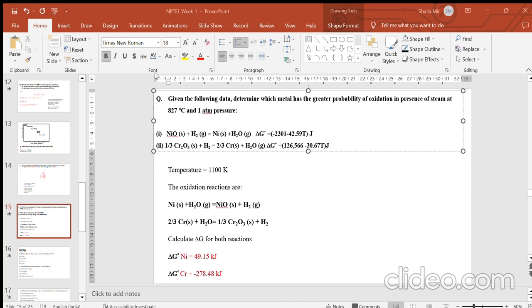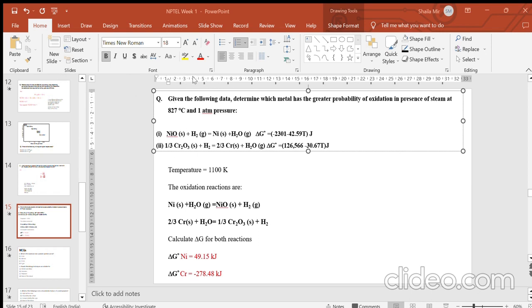You can take 5 minutes for this, but you have to remember that you have to take the oxidation reactions, because you are talking about the probability of oxidation. This is the reduction reaction, not the oxidation reaction, so you have to reverse the reaction. You have to write nickel plus H2O gives nickel oxide plus H2, and chromium plus H2O gives chromium oxide plus H2. These are the oxidation reactions.